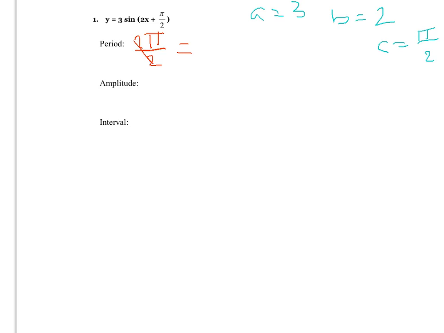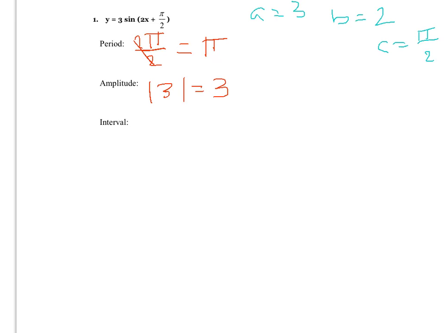So notice the 2's cancel, and you're just left with pi as the period. Now the amplitude is going to be the absolute value of a. In this case, a is 3, so the absolute value of 3 is just going to equal 3. So this tells me my graph is going to go up 3 units and also down 3 units.